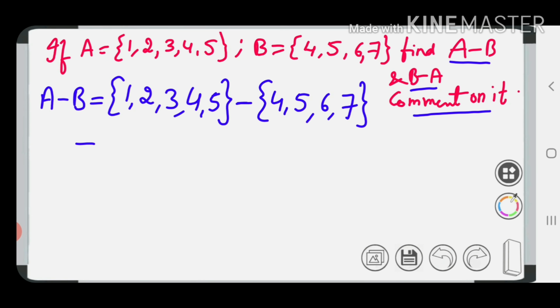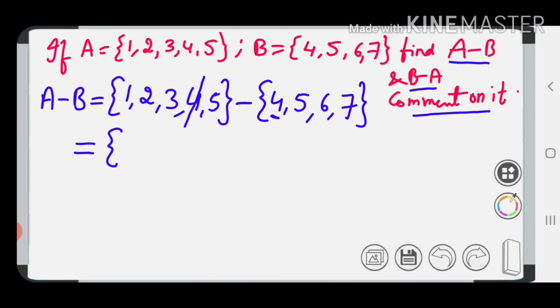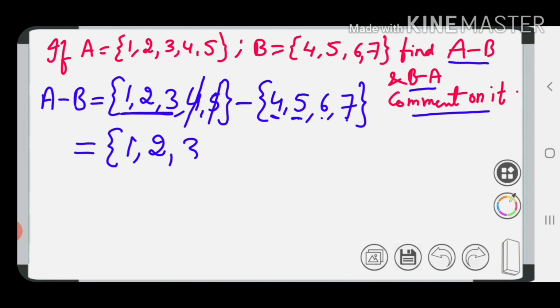In the resultant set you have to write such elements which belong to A but not B. That means whatever the B elements those are in A we have to cut. For example, observe the first element in B, that is 4. If it is in A, yes, you have to cut it. And 5, yes, it is in A, you have to cut that. And 6, 7, not in A, so just skip. The remaining elements in A you have to write as result, that is 1, 2, 3. So this is the A minus B value.